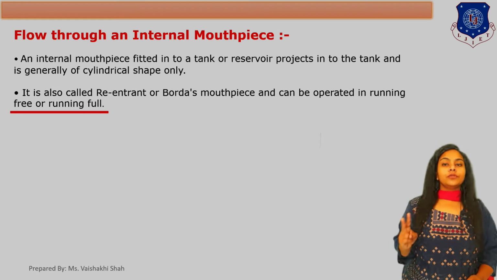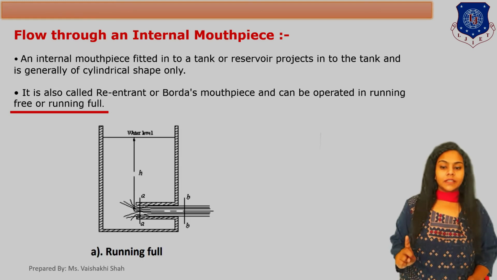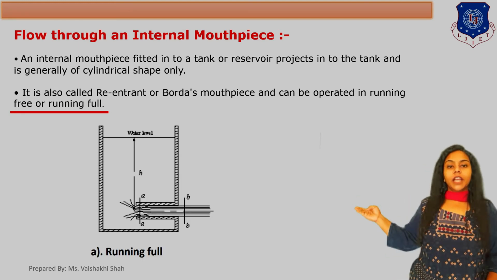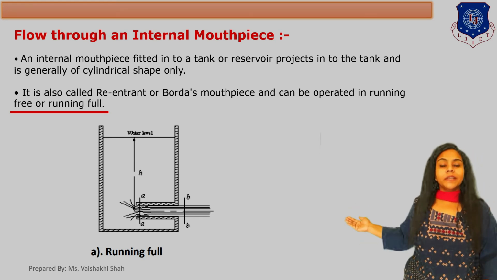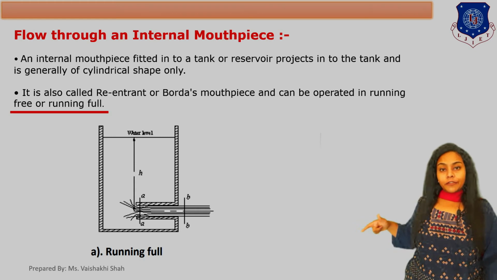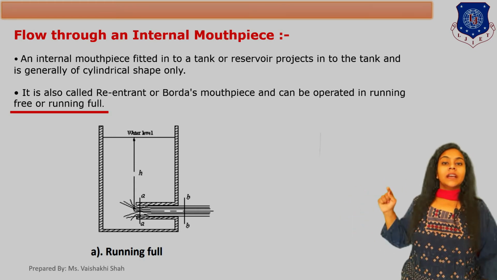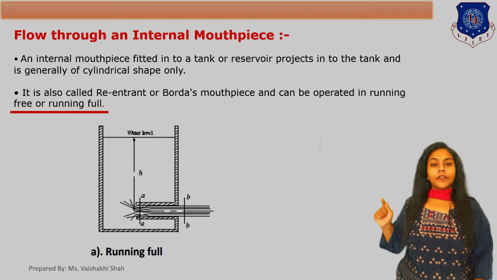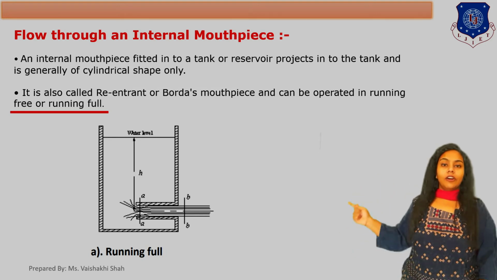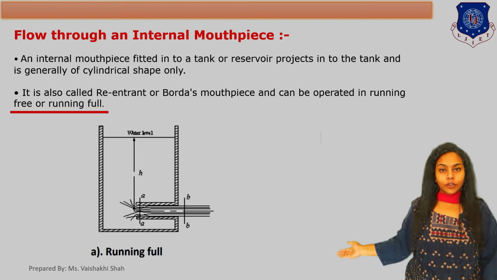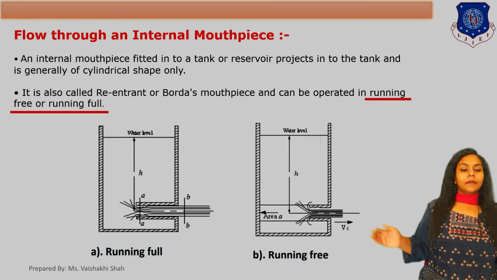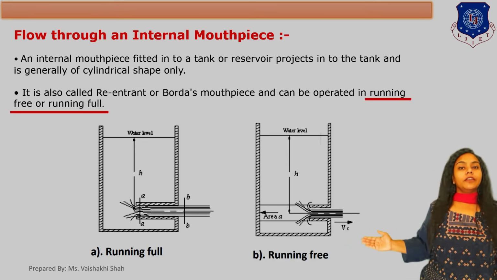There are two types of internal mouthpiece, where first is running full. As you can see in this diagram, the liquid in the mouthpiece touches the whole surface, whole area of the mouthpiece, that is called mouthpiece running full. And in this second diagram, this is mouthpiece running free.